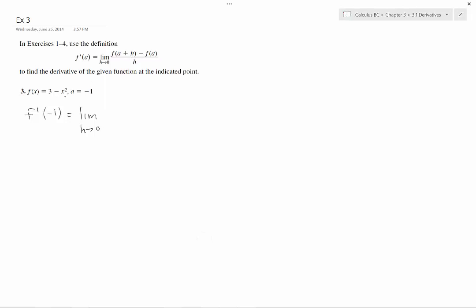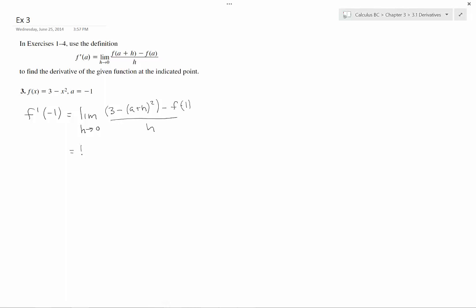Well, here's our f function, so that value of a plus h is 3 minus a plus h quantity squared minus f of a. F of a in this case is f of -1, and that's all over h.